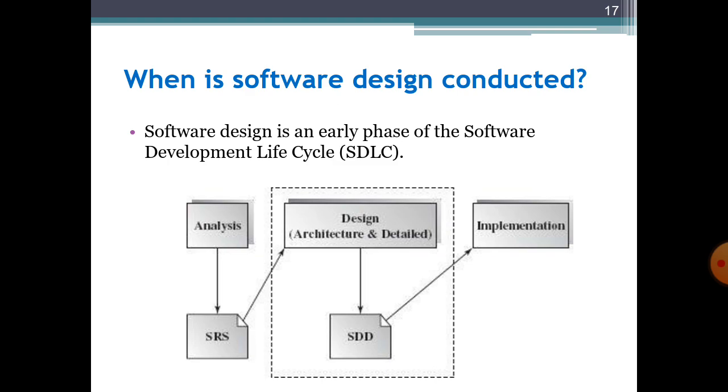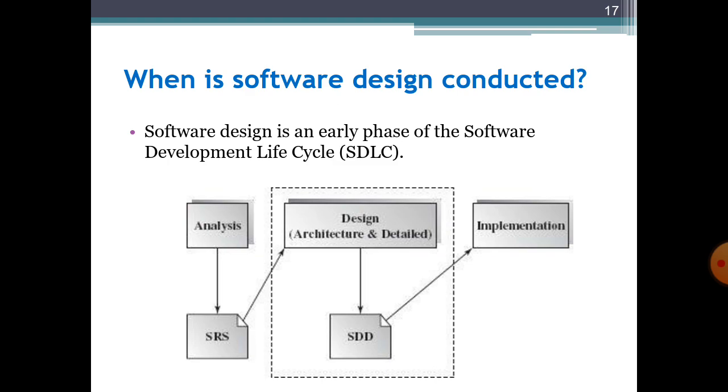In the dashed line boxes, you can see that the design phase is further divided into architecture design and detail design. And we will comprehensively look into the architecture and detail design as well. This SRS document leads as input to the design phase, and this design phase gives us the SDD document, or software detail design document, which ultimately helps us at the implementation level.